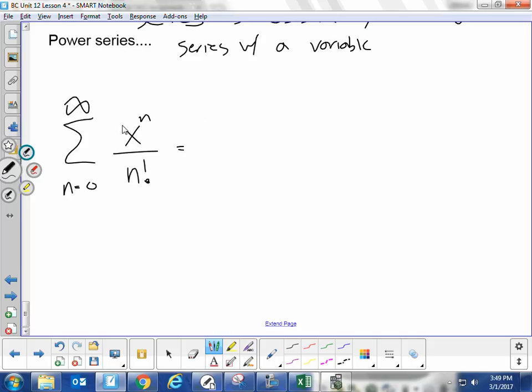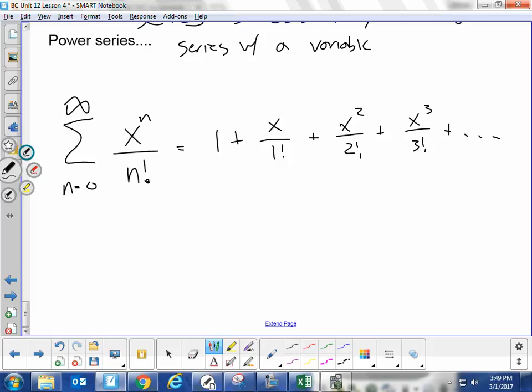If I wrote out what this series is, I would start with 0. I would say this is 1, x to the 0 is 1, n factorial when n is 0 is 1, plus we'd have x over 1 factorial plus x squared over 2 factorial plus x cubed over 3 factorial, going on and on and on.